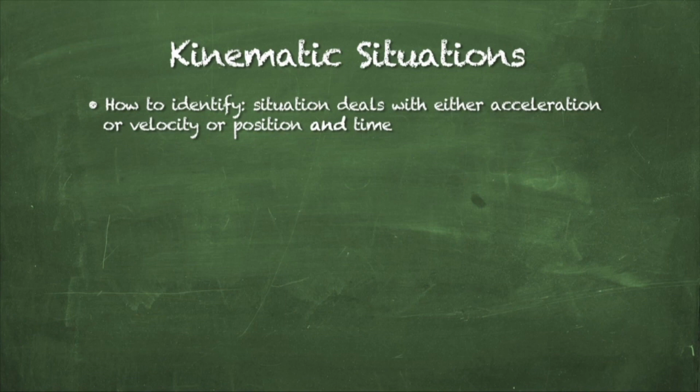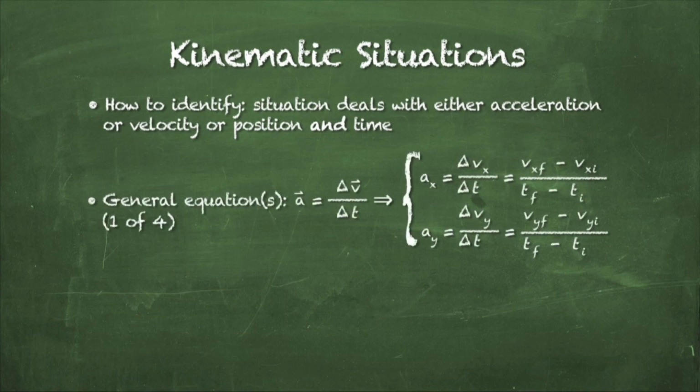So what is our starting equation? Actually, we're going to have 4 starting equations for kinematic situations. The one that we've just encountered is our first of 4. Our first starting equation is that the acceleration of an object is equal to the change in its velocity divided by the change in time.